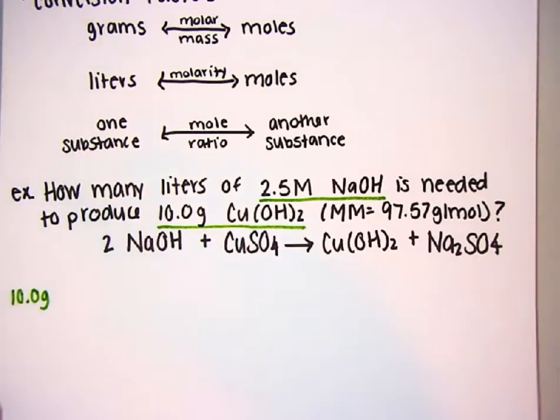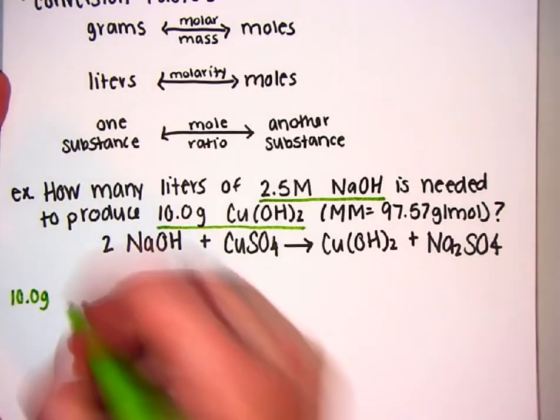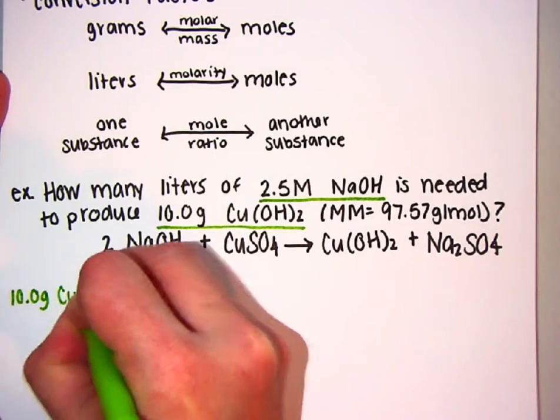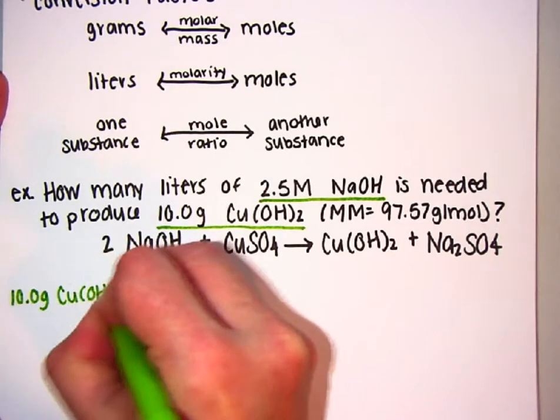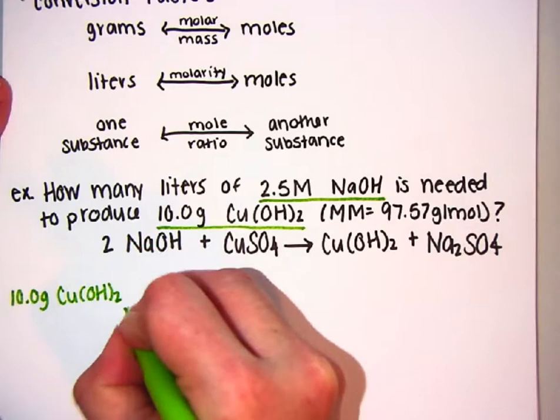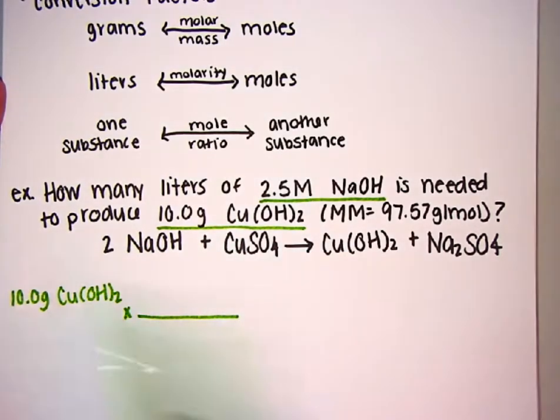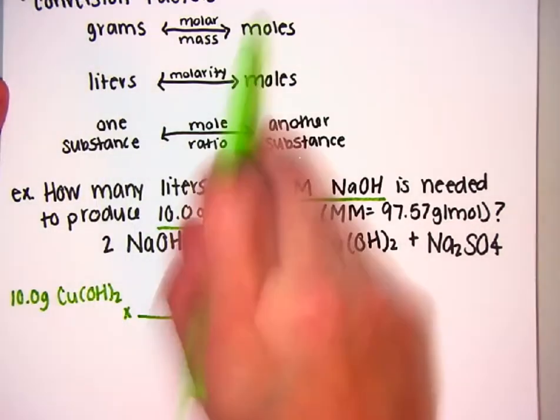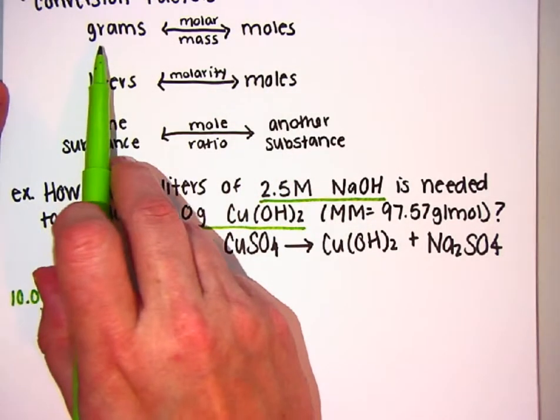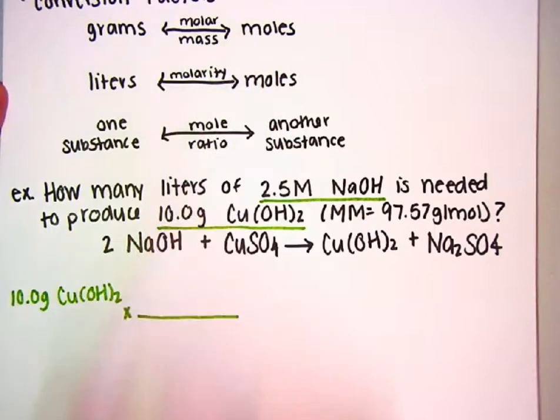Remember, you should always be writing three things. First, the quantity, 10.0. Next, the unit, grams. And third, the substance. Looking at our conversion factors, I'm starting with grams. The only thing I can do if I have grams is to plug in molar mass to get to moles.